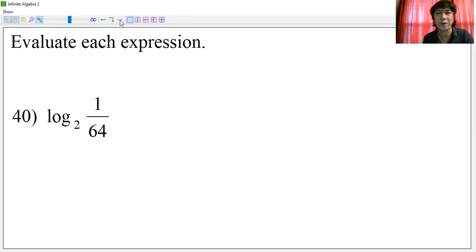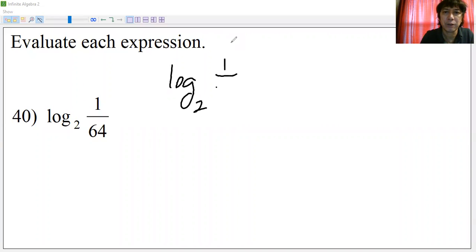Here is number 40. We have now 64. We can express 64 as a power of 2. That's 2 to the 6. So you can transform this: logarithm of the base 2, you can write this as 2 to the 6th there.